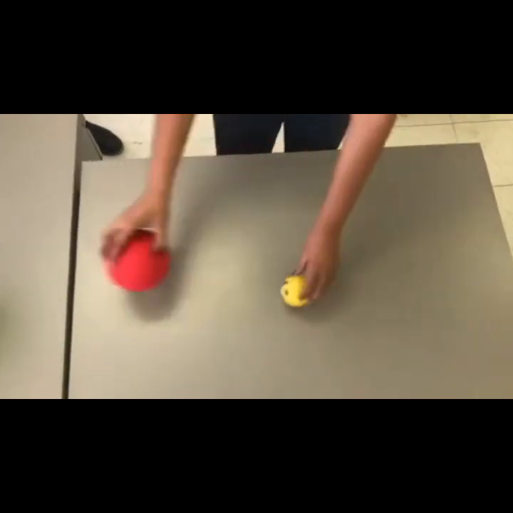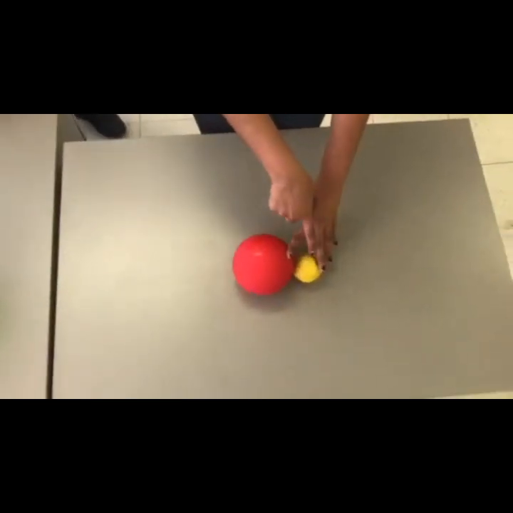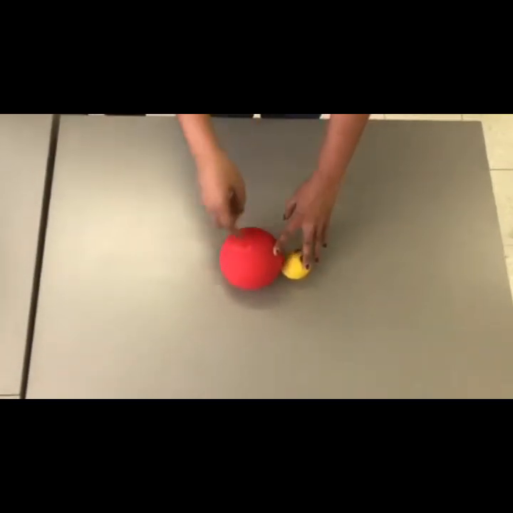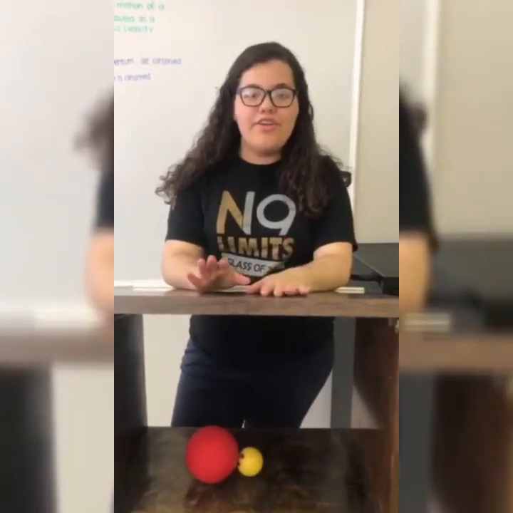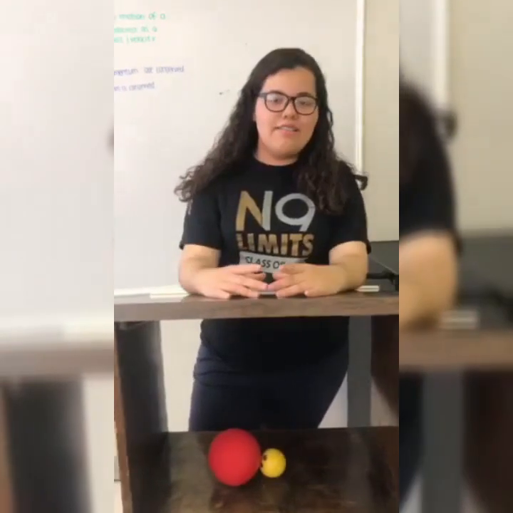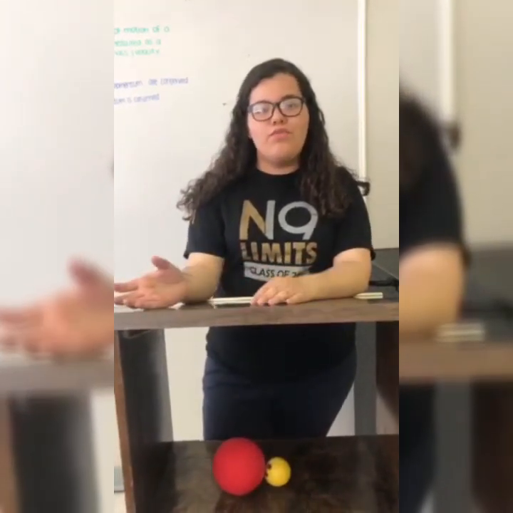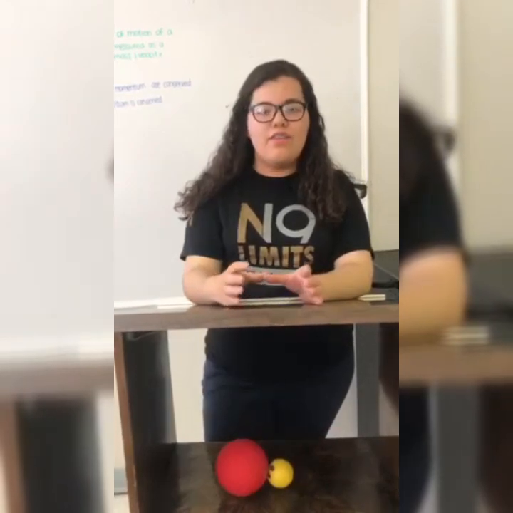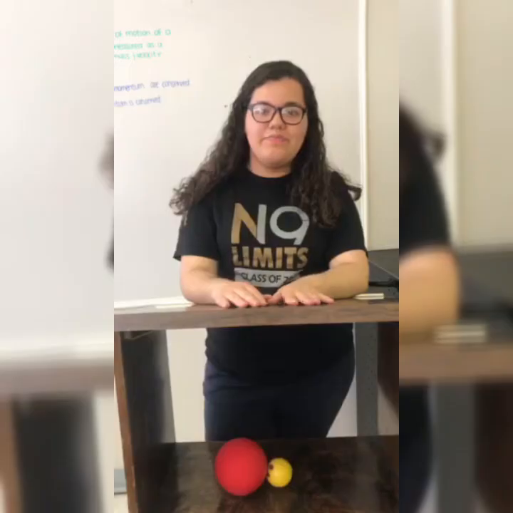There was a transfer of momentum and kinetic energy. For inelastic collision, there's no experiment done on Earth that can prove that both balls, when they strike together, move in the same direction at the same velocity, except in space, because of the force of gravity.